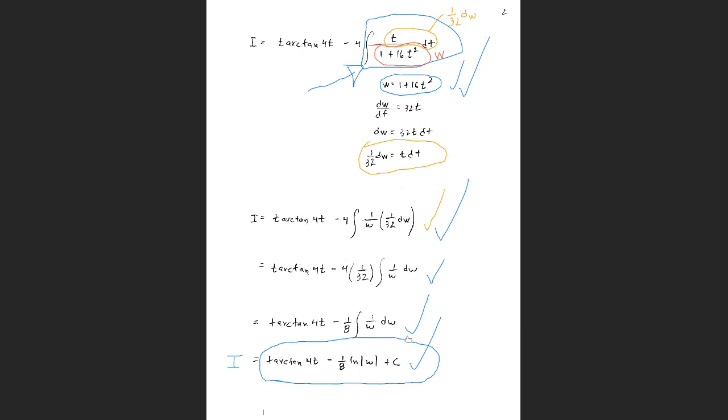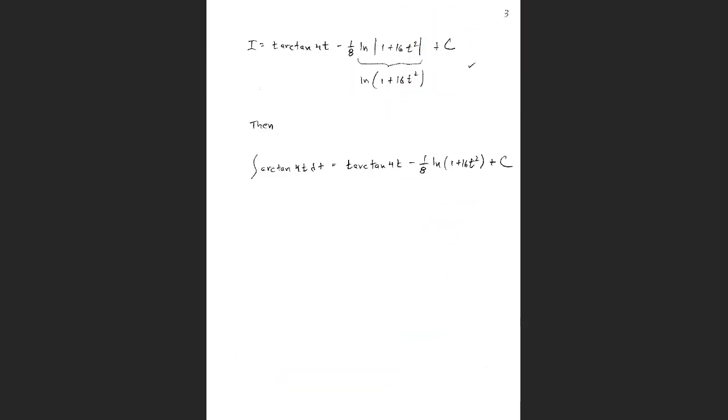All right. Well, then let's proceed on. So we have to replace the W, and W was equal to 1 plus 16t squared. So I put in the W, and I can drop the absolute values. Why is that?